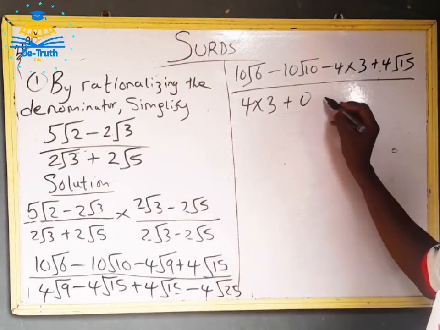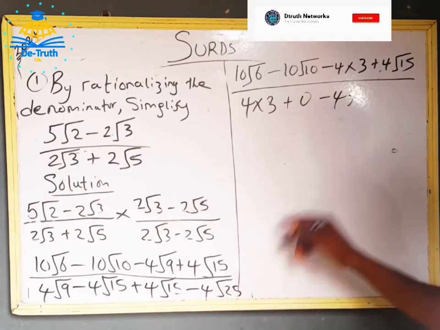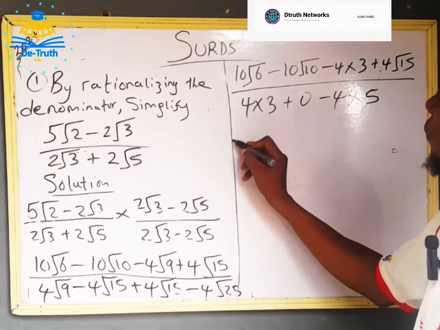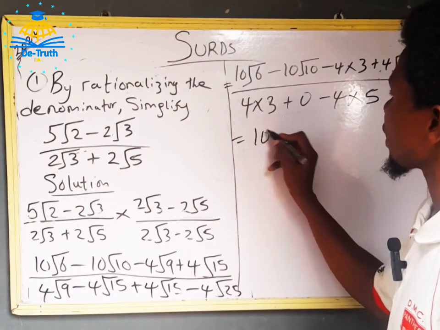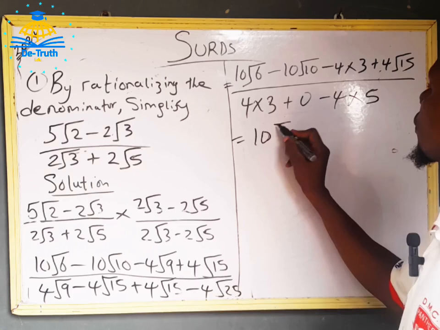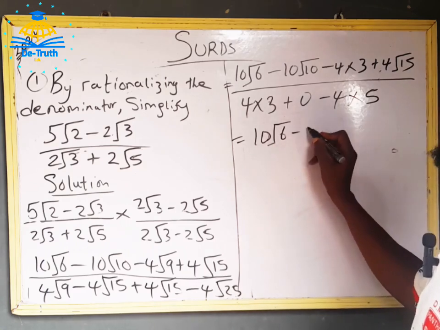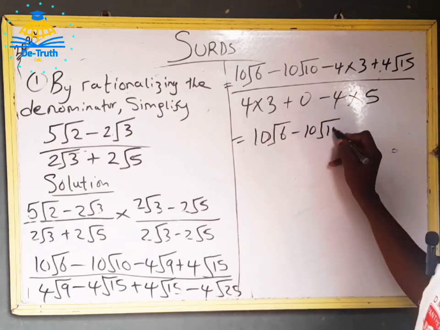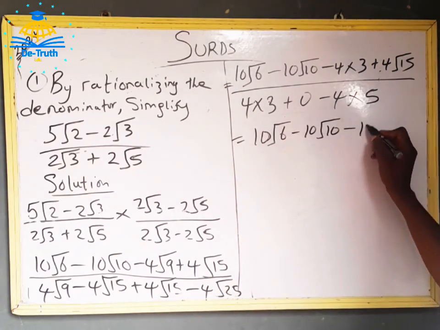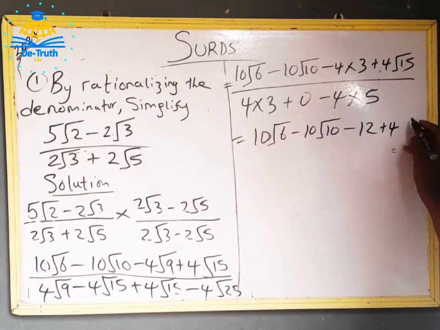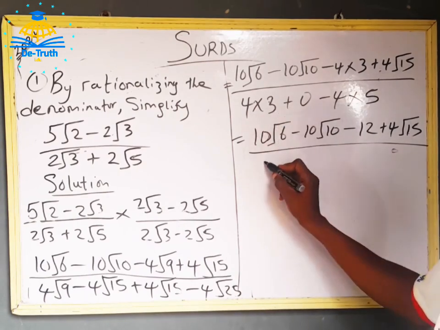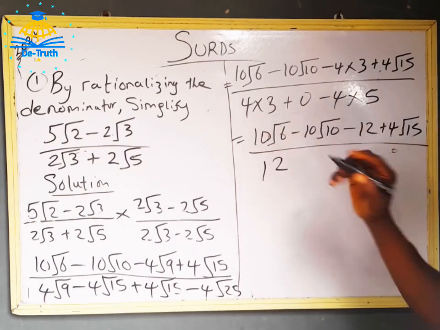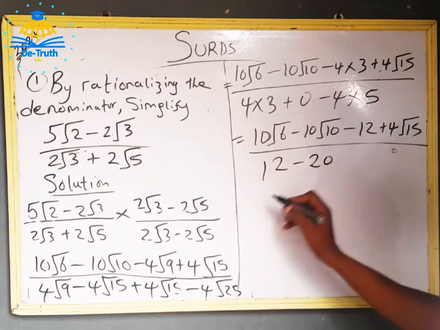Then minus 4 times what is root 25? That is 5. So now from here, the numerator is 10 root 6 minus 10 root 10 minus 12 plus 4 root 15, all over 4 times 3, that is 12, minus 4 times 5, minus 20.